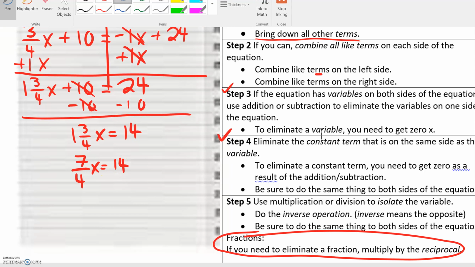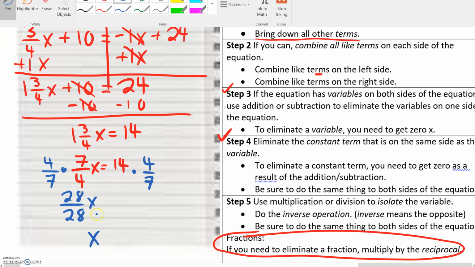And now I'm going to multiply both sides by the reciprocal. So the reciprocal of 7/4, I flip that over, that's 4/7. So I'm going to multiply both sides by 4/7. Okay? Well, if I multiply this, 7/4 by 4/7, I actually get 28/28x, which is just 1x. So that's all I have left on this side.